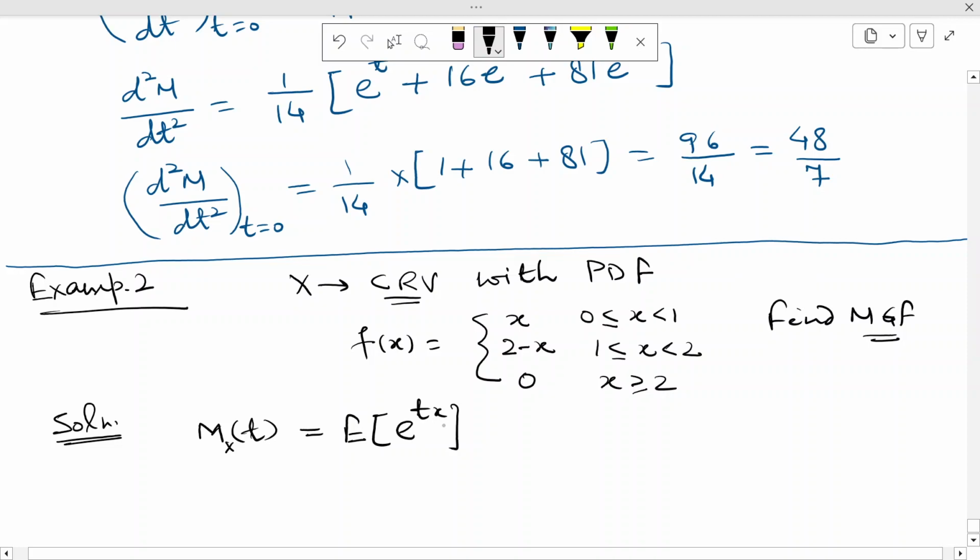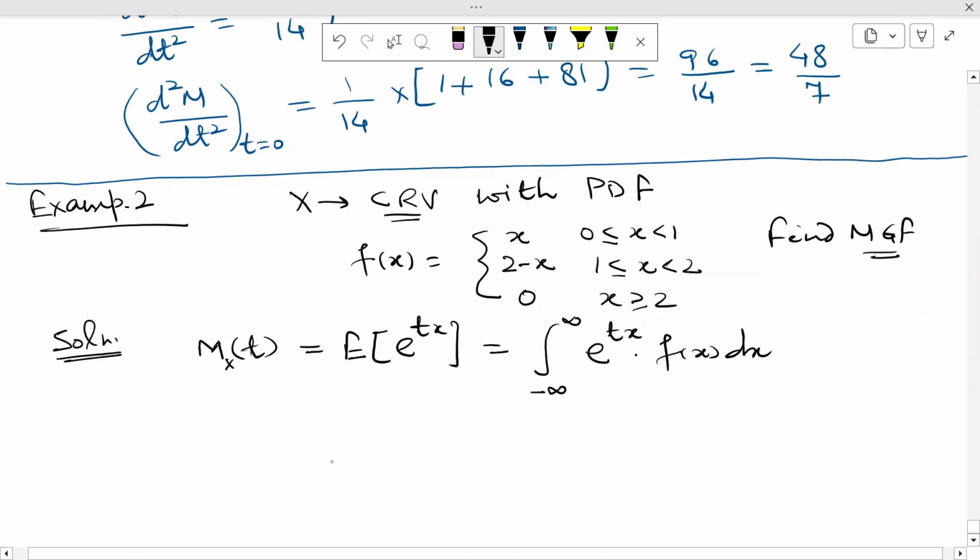And this expectation, because we are dealing with this continuous random variable with this PDF defined like this, I am just going by the definition first, so this will be the integral from minus infinity to infinity of e to the power tx f(x) dx. This is how we define this.